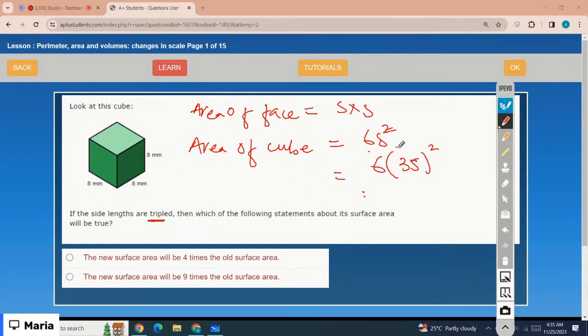The original one is 6 s squared. Now you triple the value: 3 times 3 is 9 and 9 times 6 is 54 s squared.